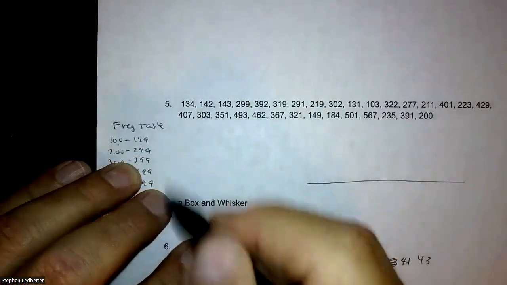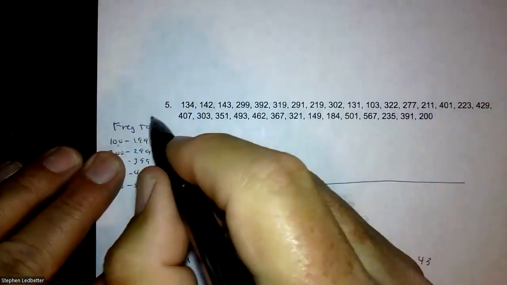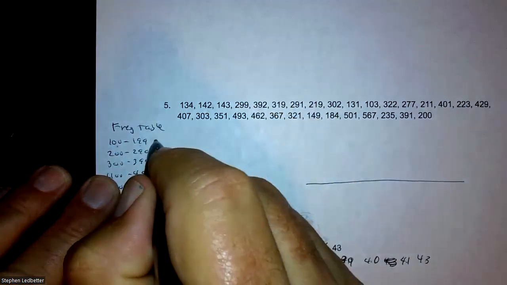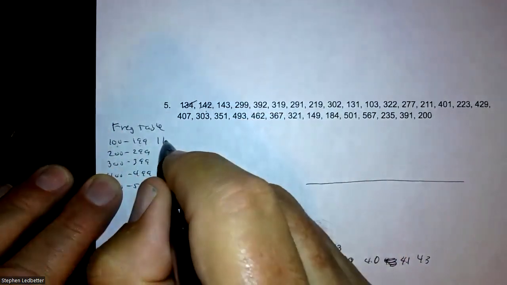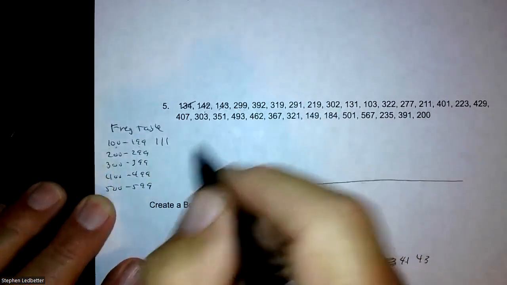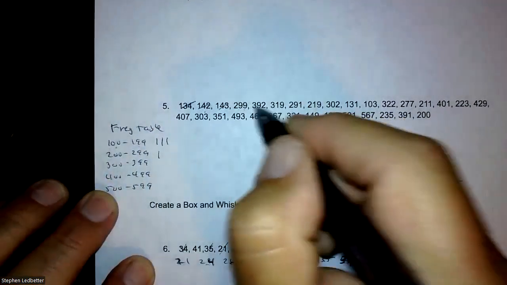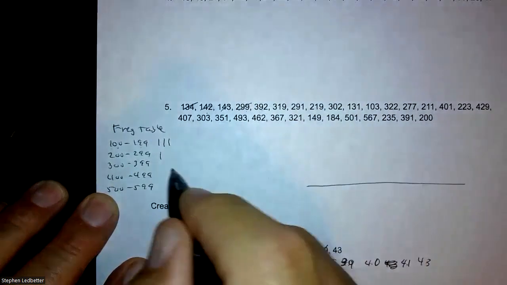So now I'm going to go through this and plot a frequency. I'm just going to go right down the line. So this is 134, so 134 goes here. 142, it goes here. 143 goes here. 299 goes here. 392 goes here.